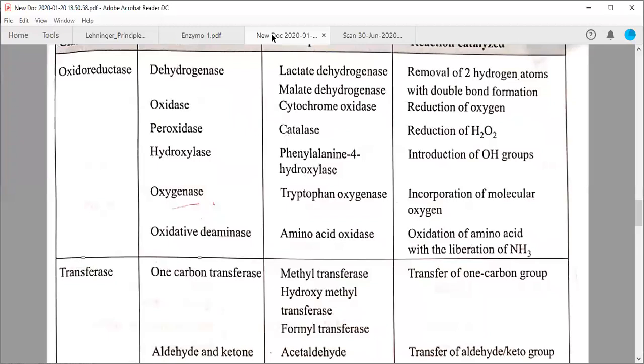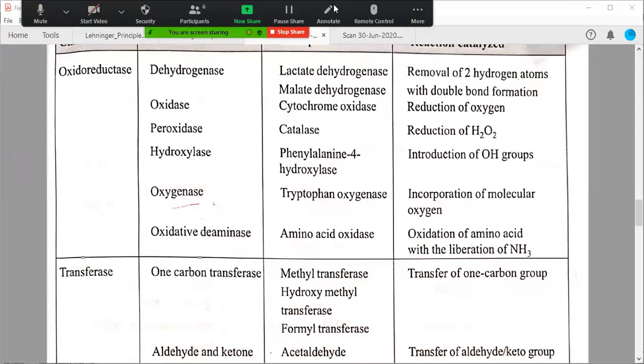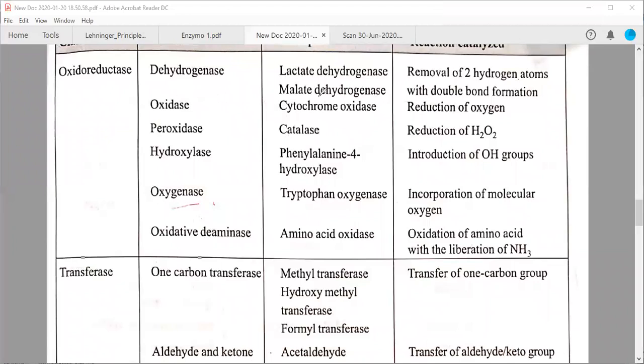So first of all, all the dehydrogenases are coming under this class that you know. Oxygenases, peroxidases are also coming under the same class.